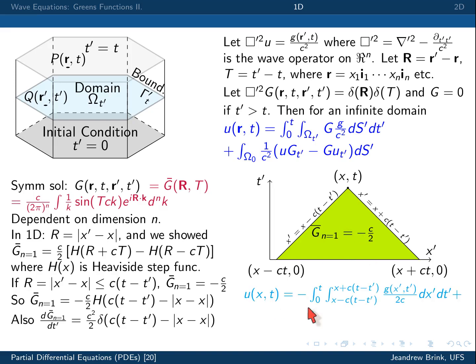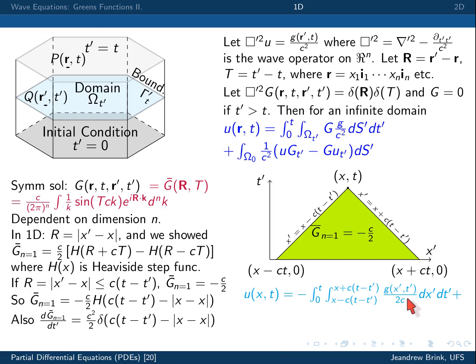If we now look at the first term, when we integrate over this boundary, you're just integrating over the place where the function is non-zero, so this green box, and you have the value of the Green's function, which is equal to minus c over 2 divided by c squared multiplied by g, so you have minus g of x prime, t prime over 2c.